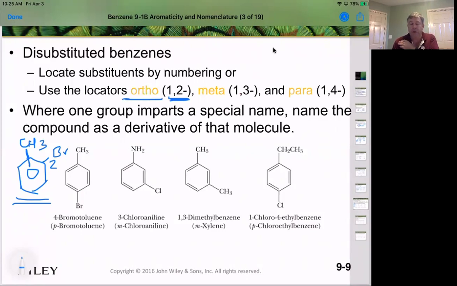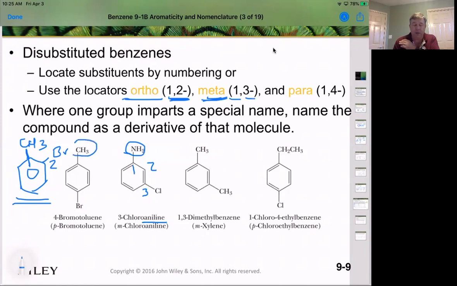Okay, so if they were substituted in the 1,3 configuration, so in this case we have nitrogen here on the side here, so we have to name it aniline. And so that becomes our 1 position, our 2 position, and our 3 position. So this is now a 1,3 substituted aniline, or meta-aniline right here. And then in this case right here, we have a substitution that's para.